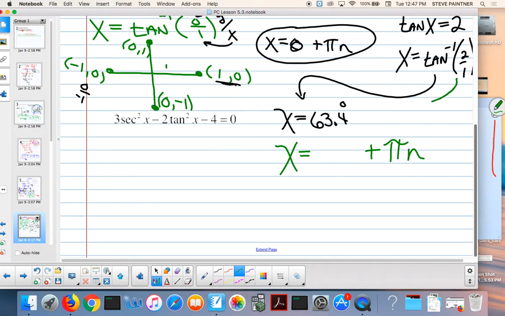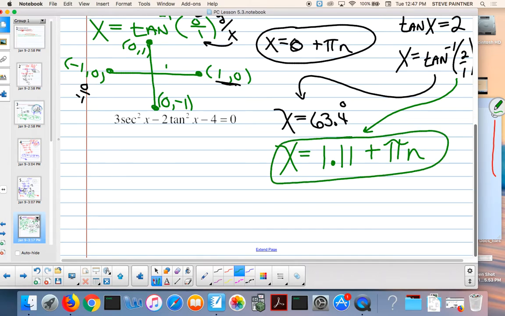What is it? Okay, that's what's in the back of your book, even though that is the same thing. Okay? All right? This is what you're going to see in radians. Okay? Questions?